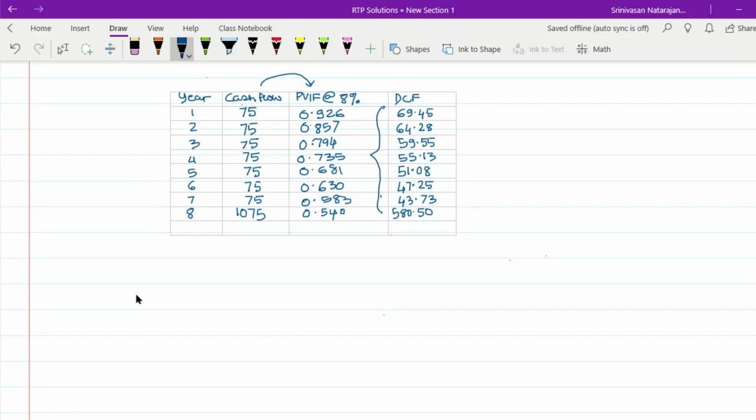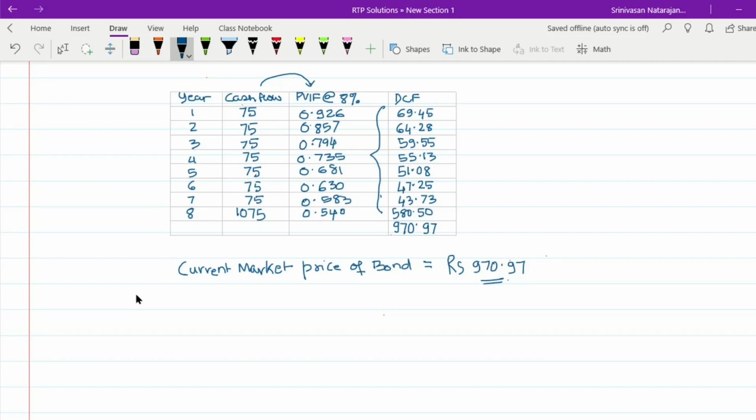So if you add up all this, it will give you 970.97. So we have solved the first subpart of the first part of the question. We have effectively found out that the current market price of the bond is equal to 970.97.